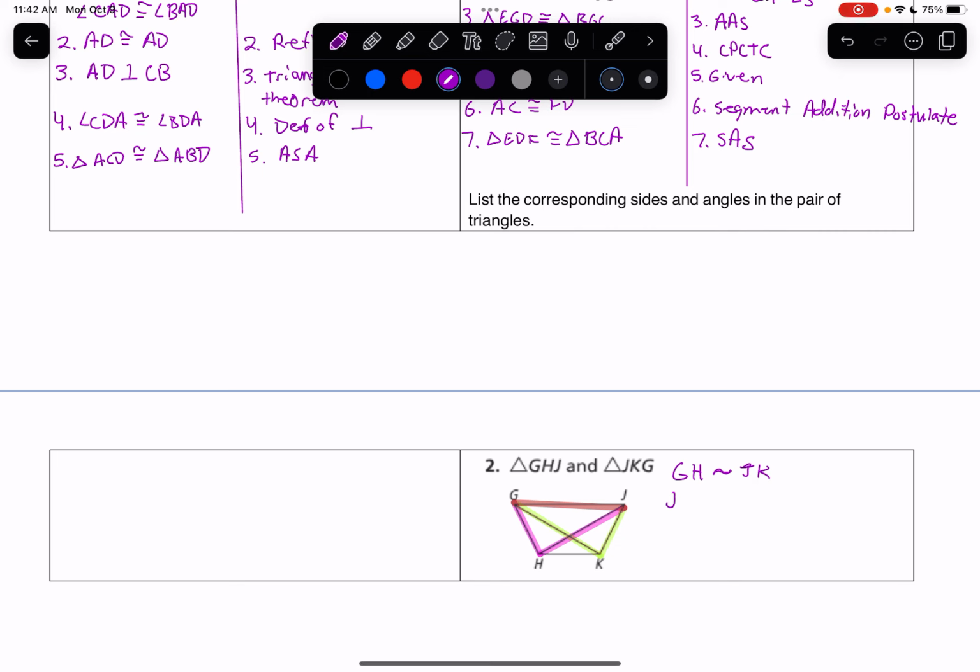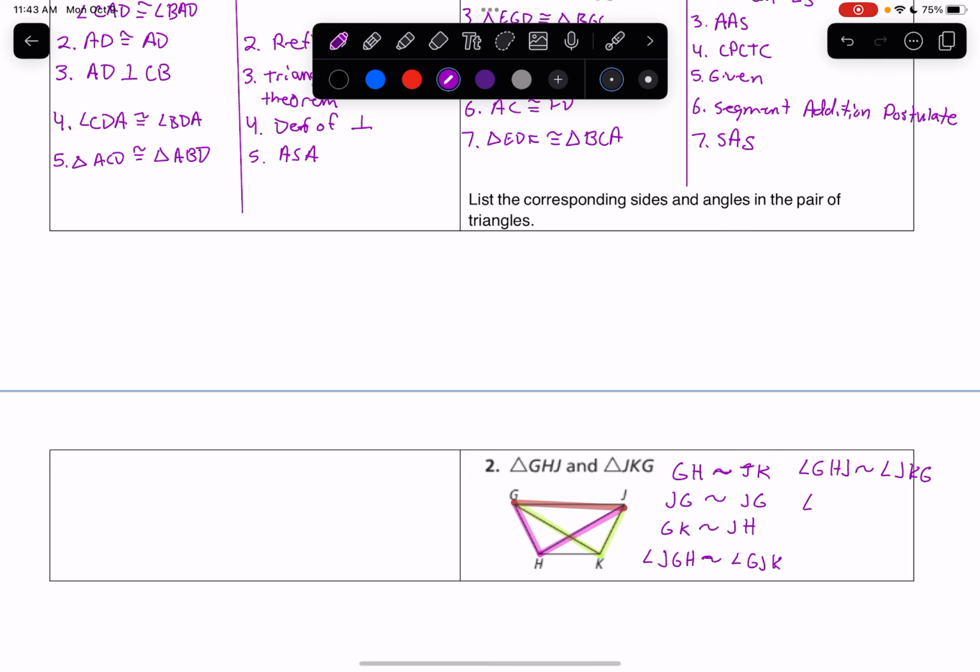Also GJ or JG is corresponding to itself, and GK is corresponding to JH. With angles, I can say angle JGH is corresponding to angle GJK, and angle GHJ is corresponding to angle JKG.